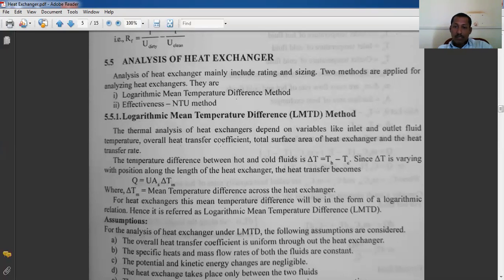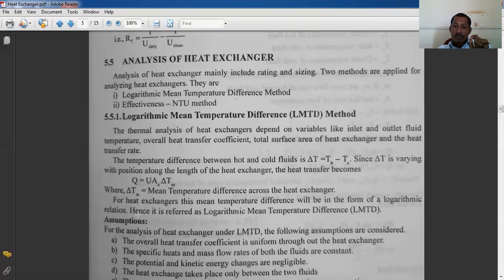The thermal analysis of a heat exchanger depends on variables like inlet and outlet fluid temperatures, overall heat transfer coefficient, total surface area of the heat exchanger, and the heat transfer rate. The rate of heat transfer depends on these parameters.